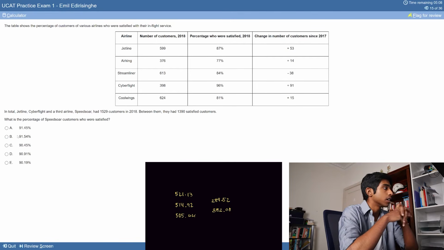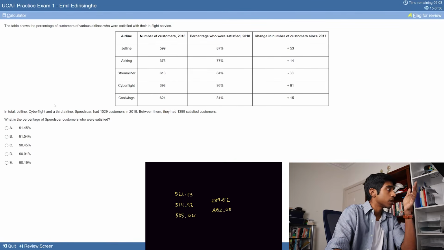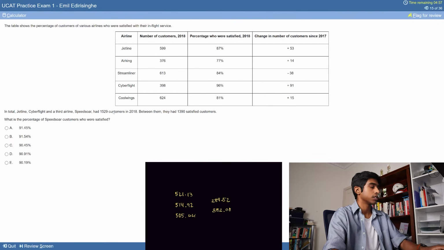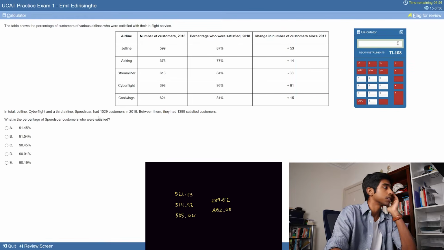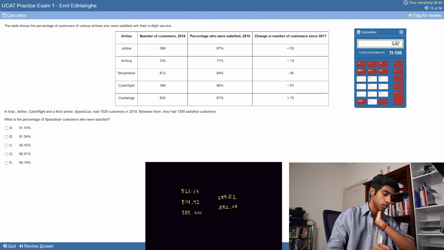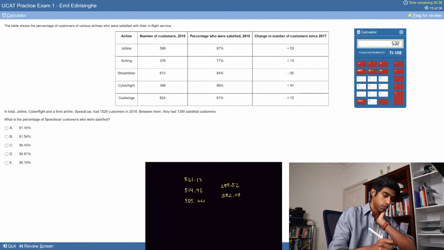Jetline, Cyberfly, and third airline had Jetline, Cyberfly, and in 2018. Alright, so we can calculate how many customers Speedsaw had. So what, 1529 minus 599 minus 398. So that will be what? 532. So 532.